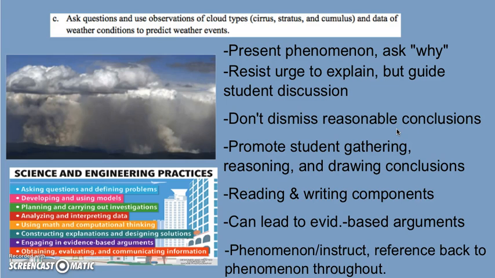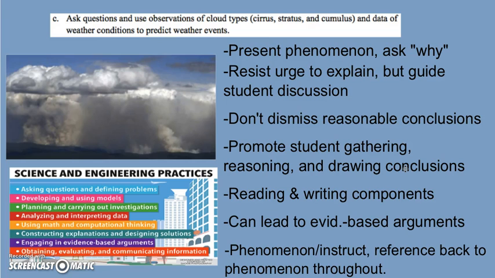We don't want students to think, hey, I've reasoned, I've gathered information, and then, ooh, it's wrong. But you're still leading them in the right direction. You're not going to never tell them what it is, but you want them to go through the process of reasoning out what is happening. And all the time you're promoting student gathering, student reasoning, and drawing conclusions.